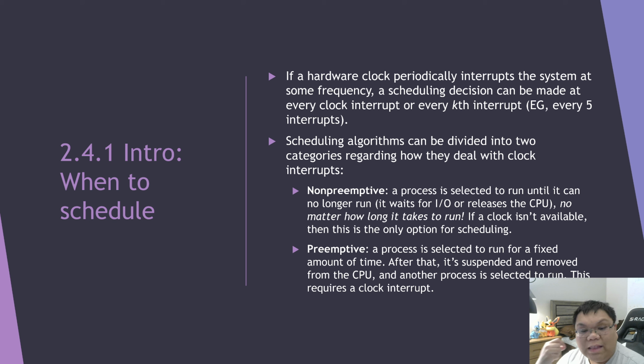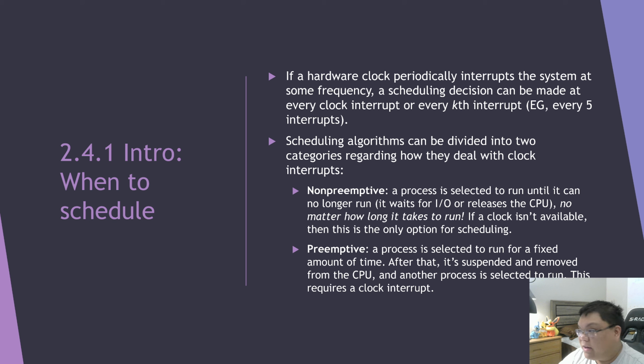For this to work, we need a clock interrupt. If we don't have a clock giving us clock interrupts periodically, then the only option available to us is to use a non-preemptive scheduling algorithm. In this case, we let a process run until it finishes its job. If we don't have a clock, this is our only option.